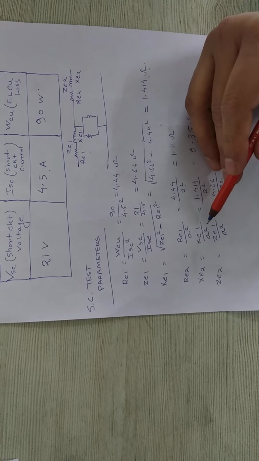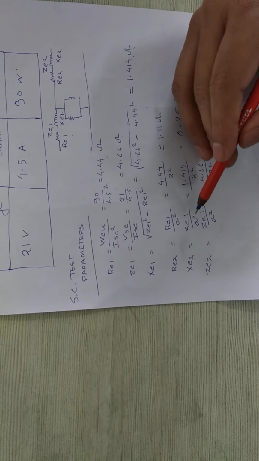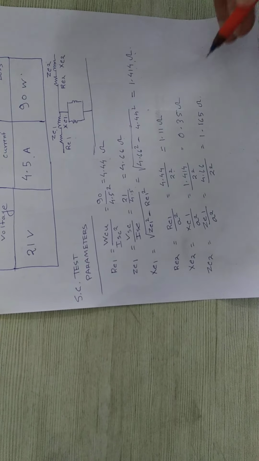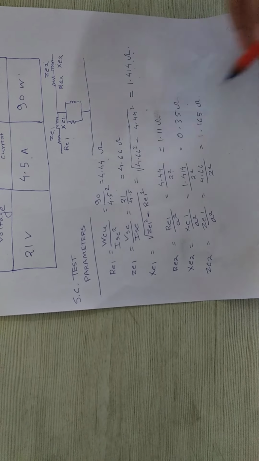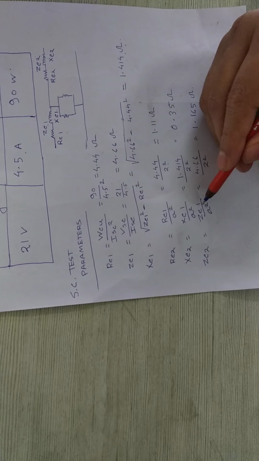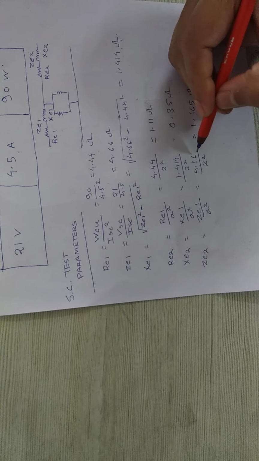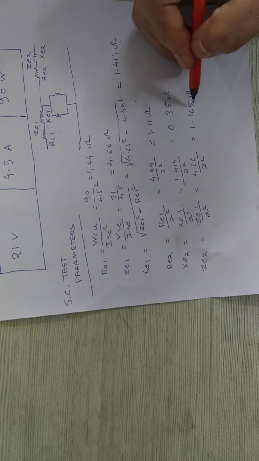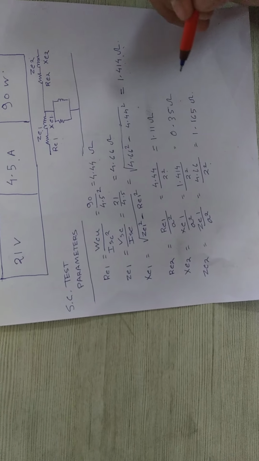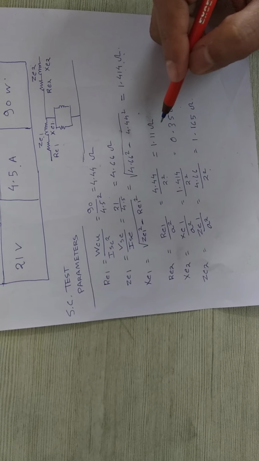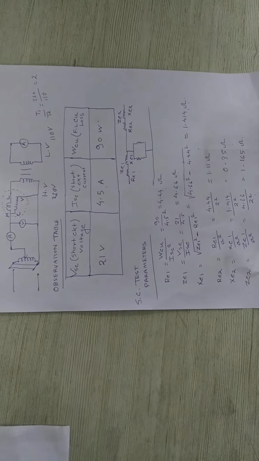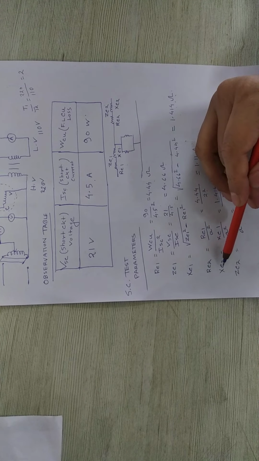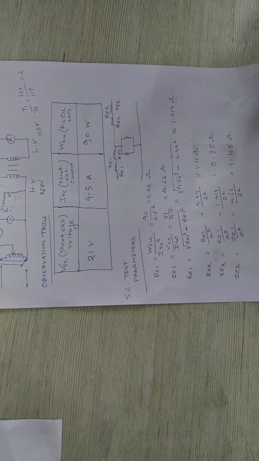XE2, same as RE2, equals XE1 by A square, that is 1.414 by 2 square, equals 0.35 ohm, and ZE2 equals ZE1 by A square, equals 4.66 by 2 square, that is 1.165 ohm. So these are all the short circuit test parameters. So from the short circuit test we can obtain RE1, ZE1, XE1 and RE2, XE2, ZE2. That's all. Thank you.